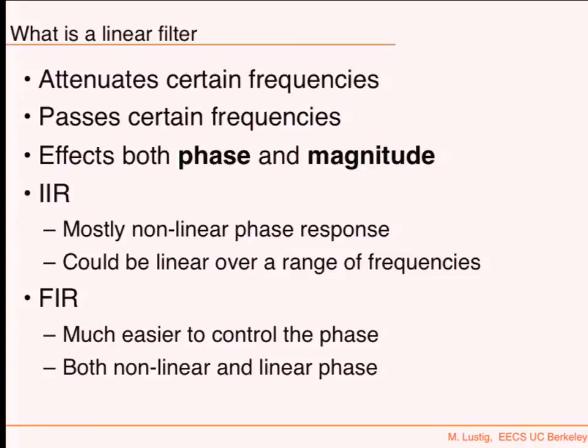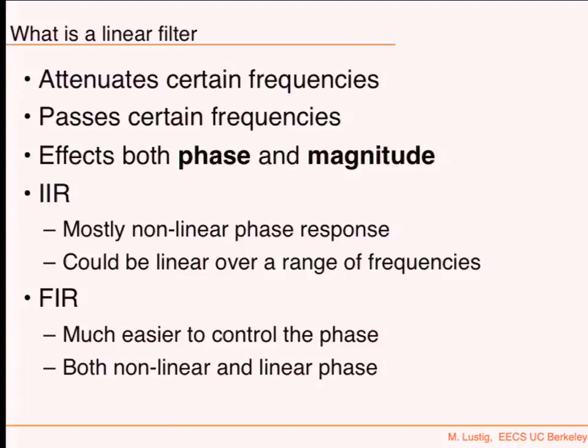Now, with IIR designs, the phase response is mostly nonlinear. So the response of the phase to the frequency would be a nonlinear function. It turns out that a linear function is nice because it's a pure delay of whatever is input. You put in an input at a certain frequency, and you'll get a pure delay of that output at all frequencies.